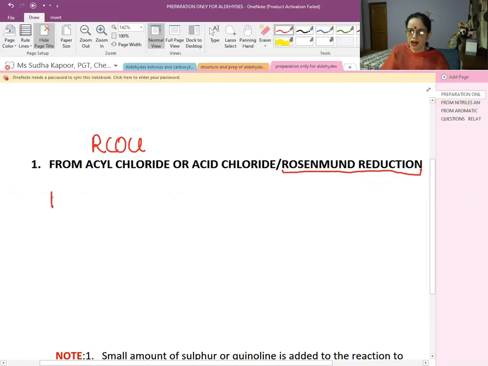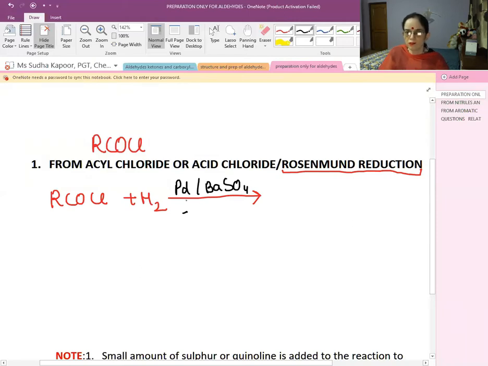So we have taken RCOCl, the acid chloride or acyl chloride, and added hydrogen, but in the presence of Pd, BaSO4, sulfur and boiling xylene. It is also done in the presence of quinoline, sulfur, boiling xylene. The main two things that have to be represented are Pd and BaSO4.